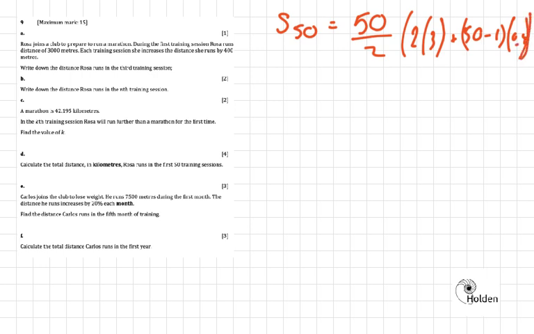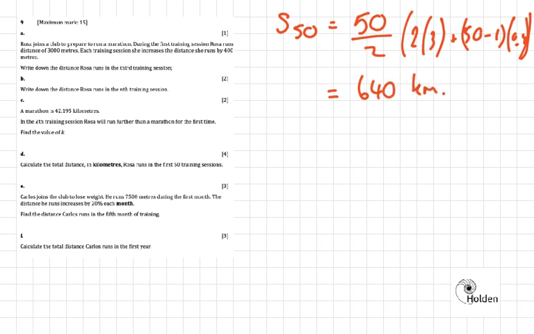According to any mark scheme, it's an M1A1A1. Substitution is sum of an arithmetic series, correct substitution, and for correctly converting the 3,400 meters. That brings us to a final answer of 640 kilometers.